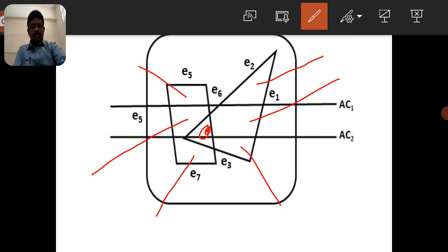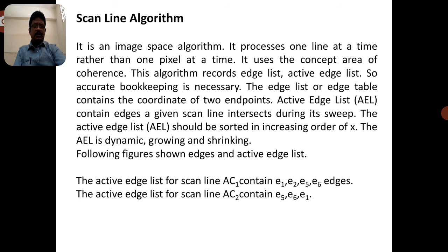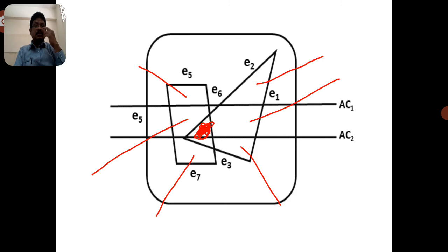The common portion of these two polygons is set at that particular common place, and we can calculate the portion of these edges E1, E2 and E5, E6. AC2 contains the sum of the edges, that is E3, E7 and E5.